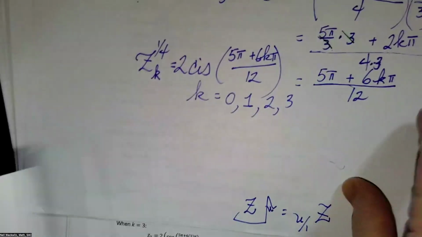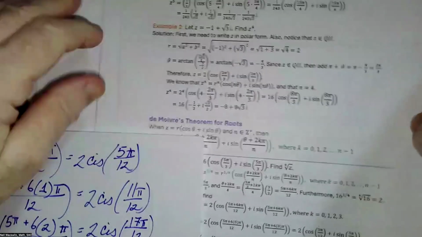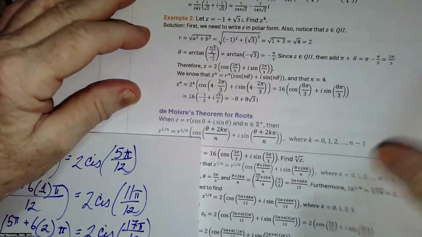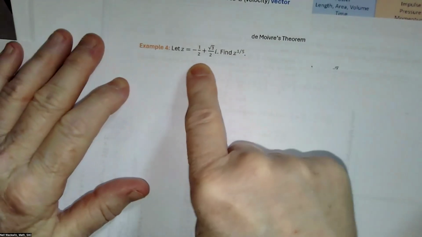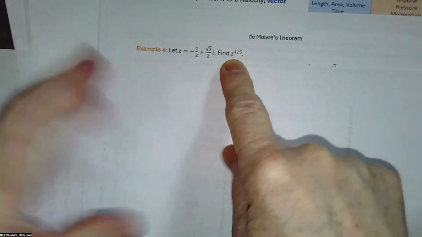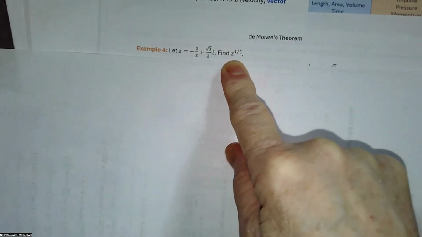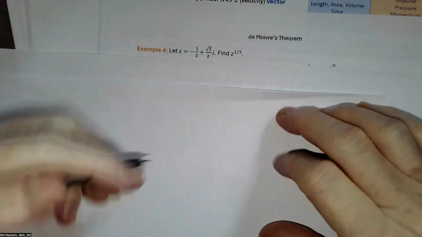And let's look at a question where we start with a number in rectangular form, and we want to find the fifth root. I thought this was a fun question because this is a point on the unit circle.